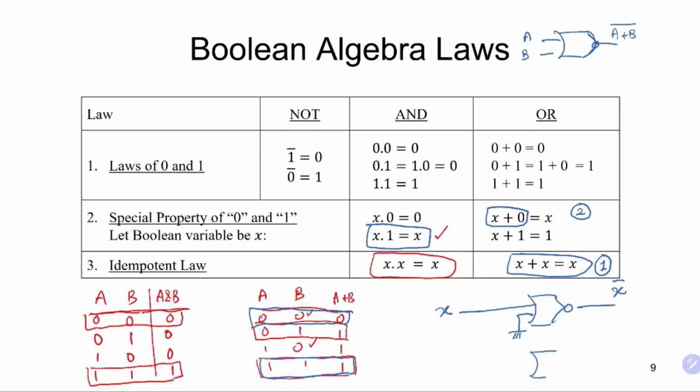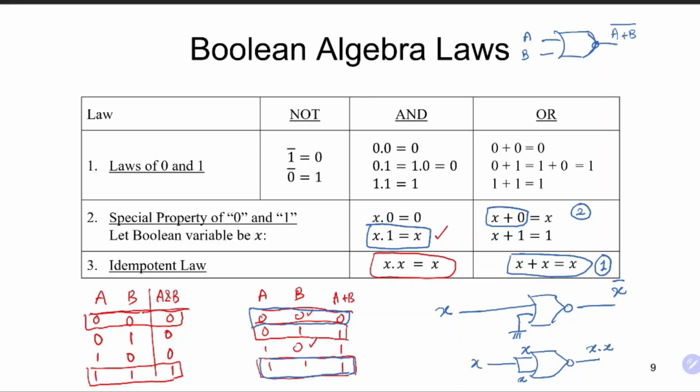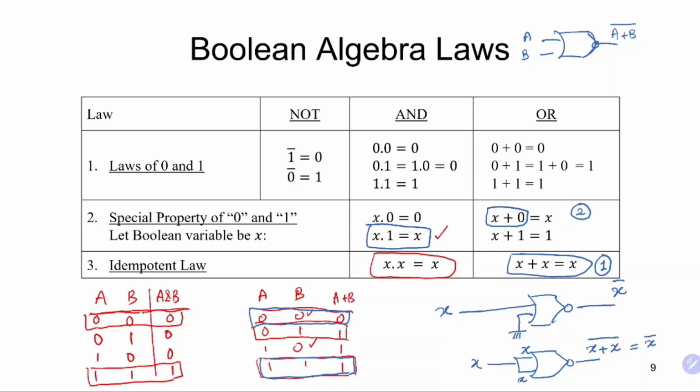How about this? Correct? This will be x, 0. So this is x plus 0.